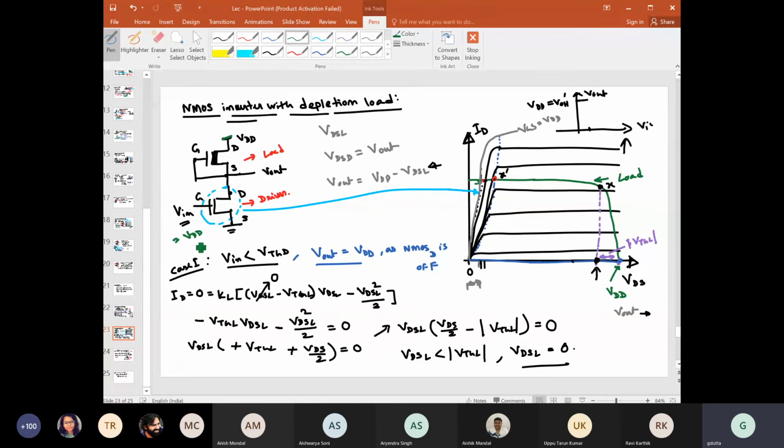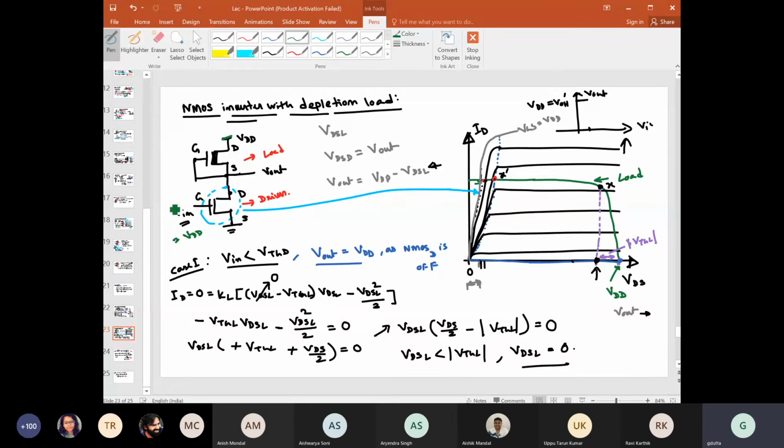So as long as you keep it at this V in equal to 1 state, you are dissipating power, right? Again, this is not intended, because you don't want the power to be dissipated when you have applied any logic level, either logic level 0 or logic level 1.